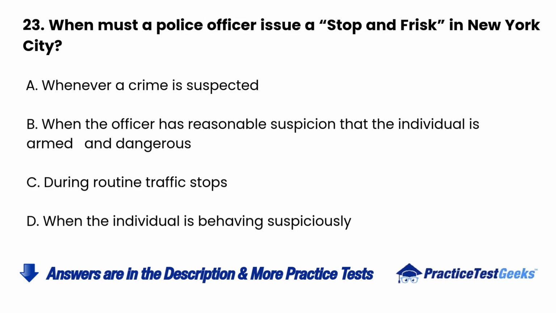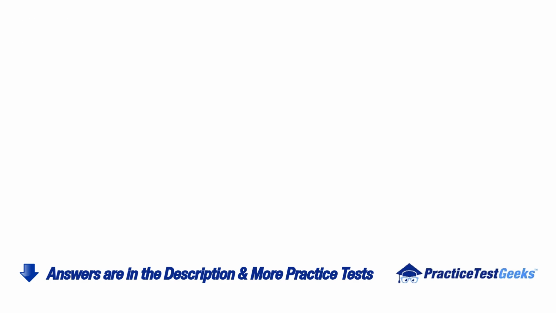When must a police officer issue a stop and frisk in New York City? A. Whenever a crime is suspected. B. When the officer has reasonable suspicion that the individual is armed and dangerous. C. During routine traffic stops. D. When the individual is behaving suspiciously.